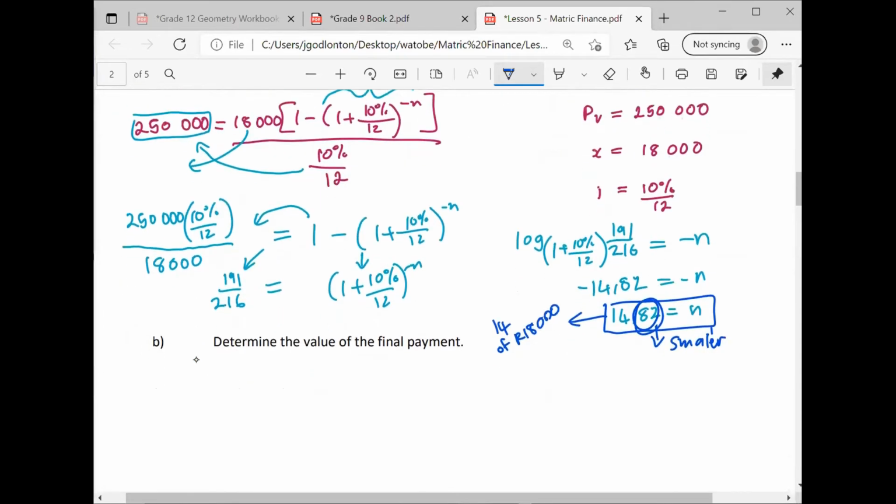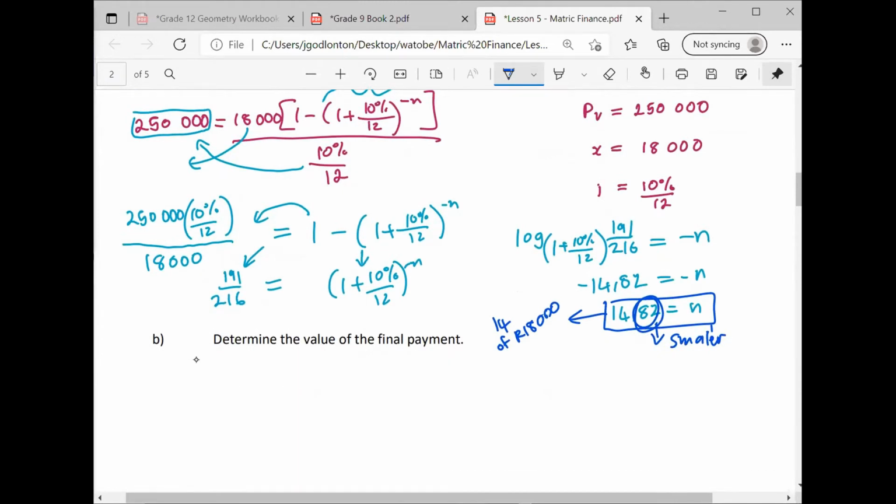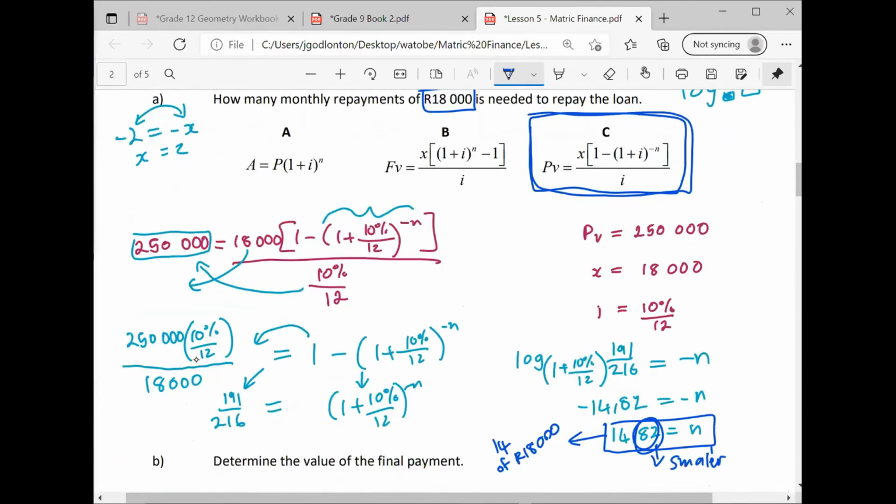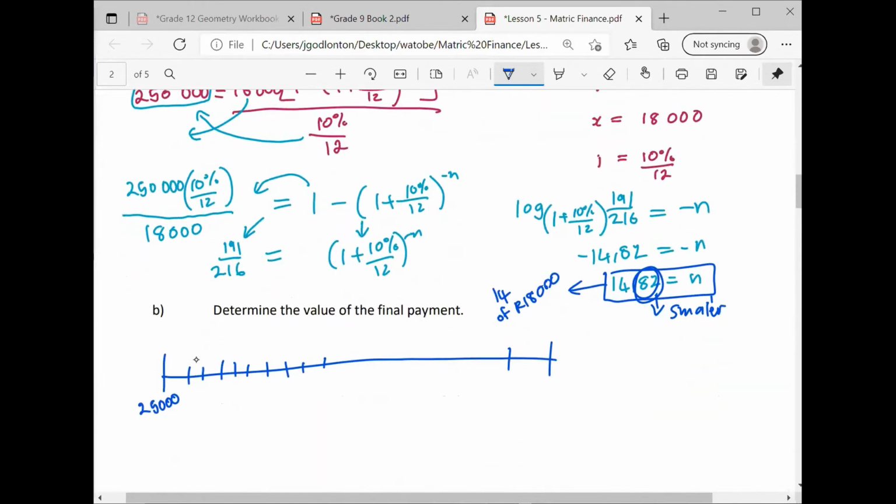Okay, so now we have to use this as we move forward. Determine the value of the final payment. Okay, so I'm just going to draw us a quick little timeline. At the beginning, we had this loan of 250,000, and every month I was slowly paying off this loan, all the way until this time period that they've spoken about, which we've just worked out as 14 full payments and then 1 smaller payment.